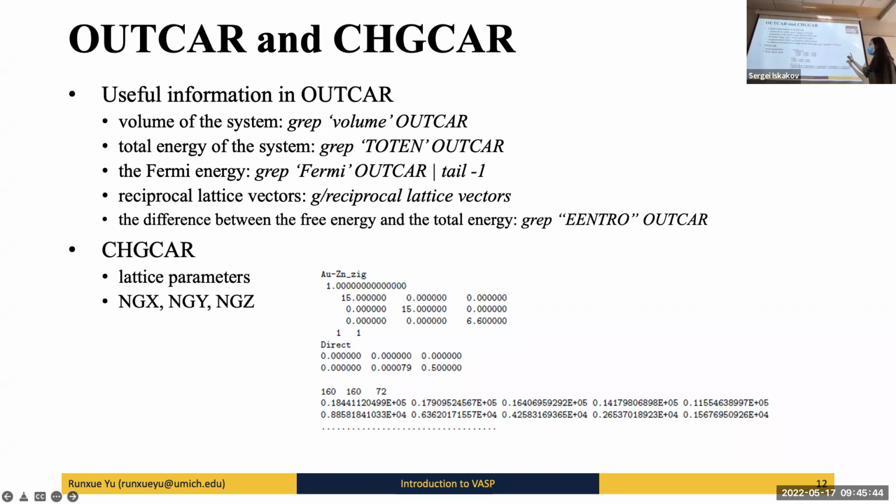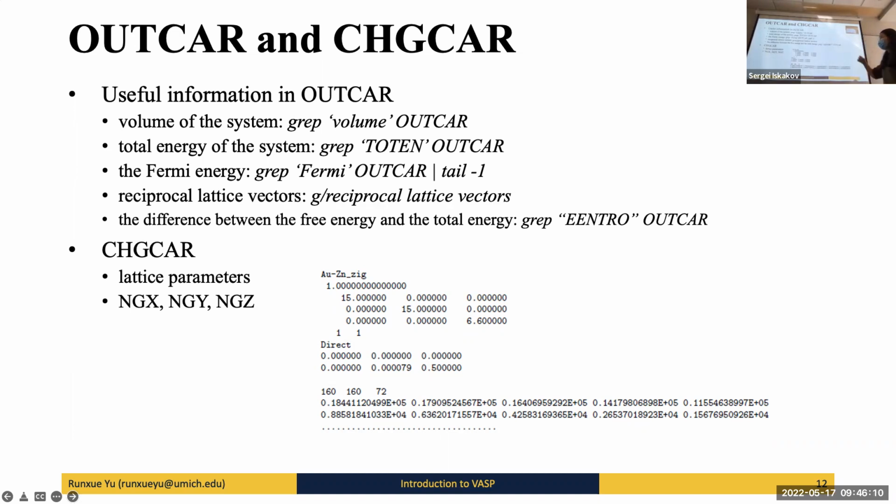And usually we will use this one to determine which sigma we will use. So Runxue, this is DFT. DFT is a ground state method. So entropy shouldn't be that big, right? Yes. So what does it even mean to have an entropy? I remember that usually these two numbers will be the same.